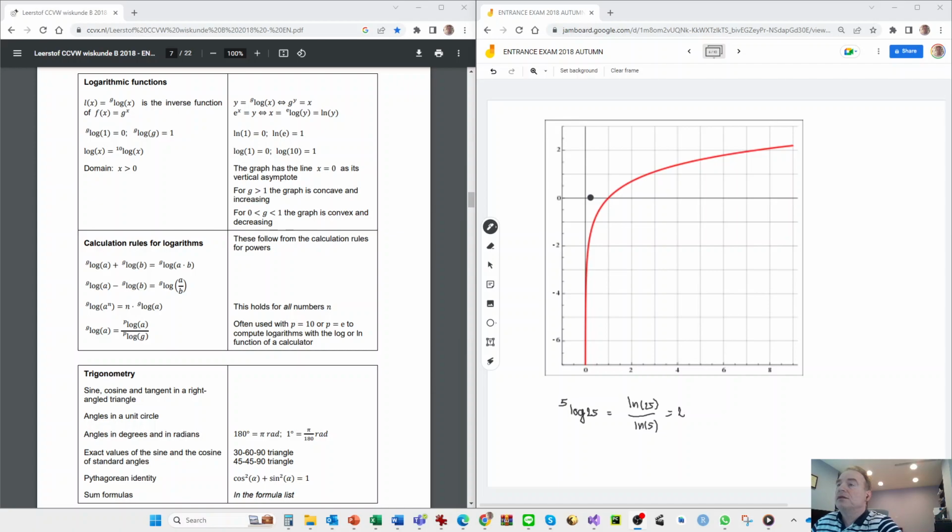And for g greater than 1, the graph is concave and increasing. And here they state that from 0 to 1 the graph is convex and decreasing, but that's actually not correct. I don't know why they say that. It's actually increasing everywhere as well as concave.